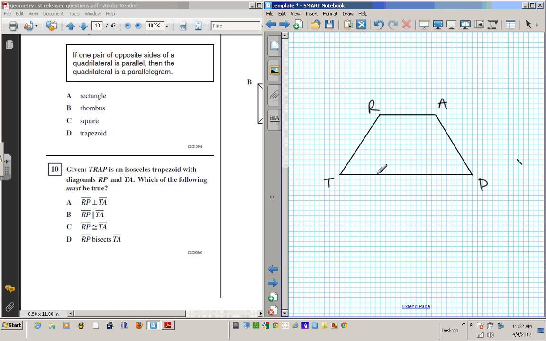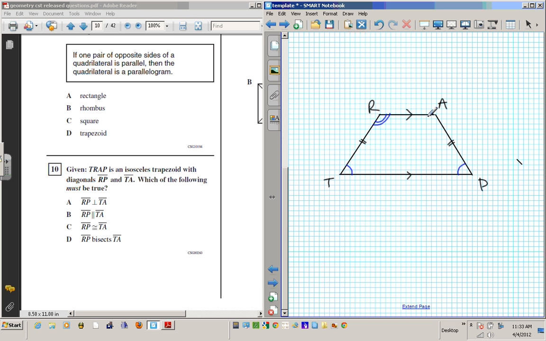A trapezoid is isosceles when the non-parallel sides are congruent. So this side is congruent to this side. If this side is congruent to that side, you have parallel lines cut by a transversal. It also follows that the base angles are congruent, right? This is congruent to that, and this is congruent to that.